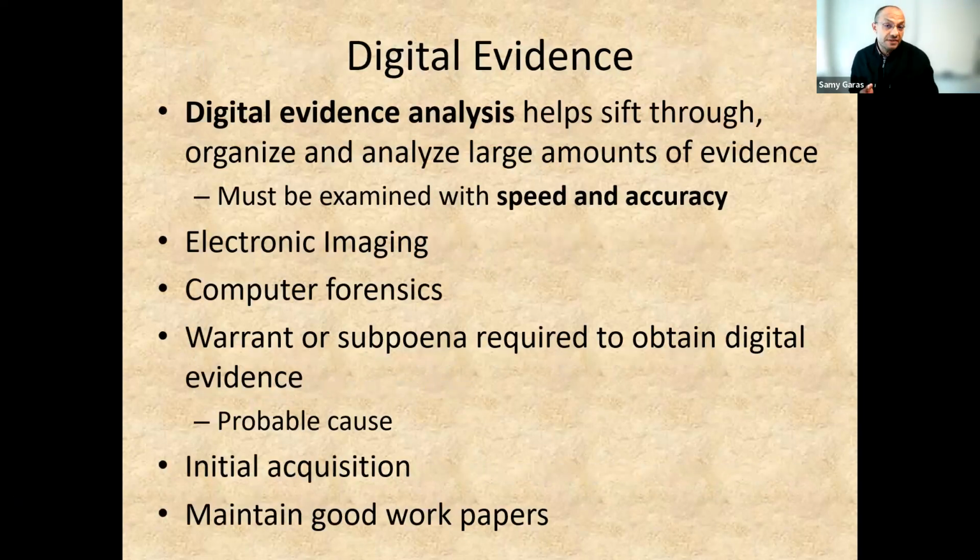Then we go to the evidence itself. And as I said, here we talk about financial data, so we talk about digital evidence. Digital evidence means we go through the documents to see how the information has been entered, accurately and with the normal speed.